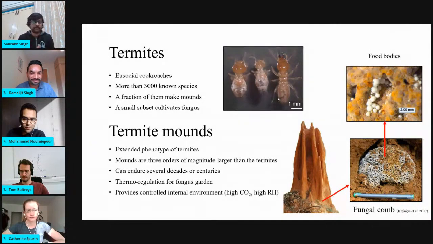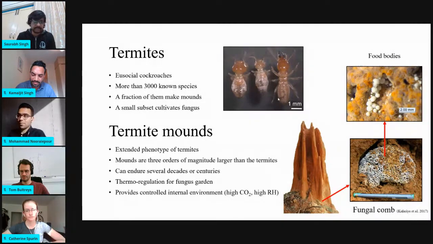The termite mound can be thought of as an extended phenotype of termites. The size of the mound is 3 orders of magnitude larger than the termite. So a termite would be of size, let's say, a few mm, and the termite mound would be a few meters. The termite mound can endure several decades, much longer than the life of the termite or termite colony.